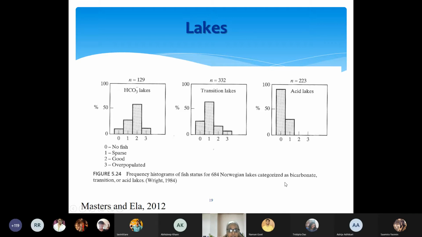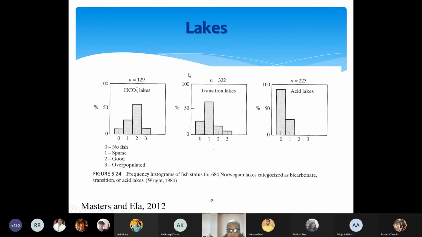So 684 lakes were surveyed, and out of them, 129 were bicarbonate lakes. So there was sufficient buffering of the pH, and you can see that there was a good amount of fish population in more than 50% of the lakes, and the remaining, let's say 40%, were distributed in 0, 1, and 3 categories.